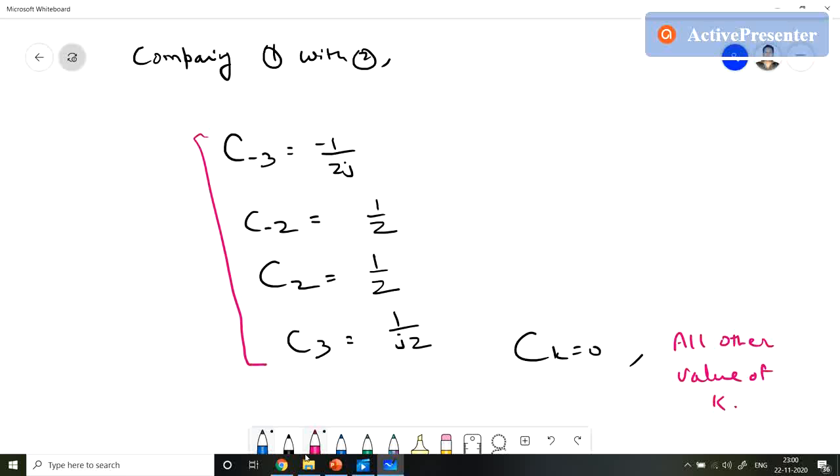So we have c minus 3, c minus 2, c2 and c3, and the rest are zero.